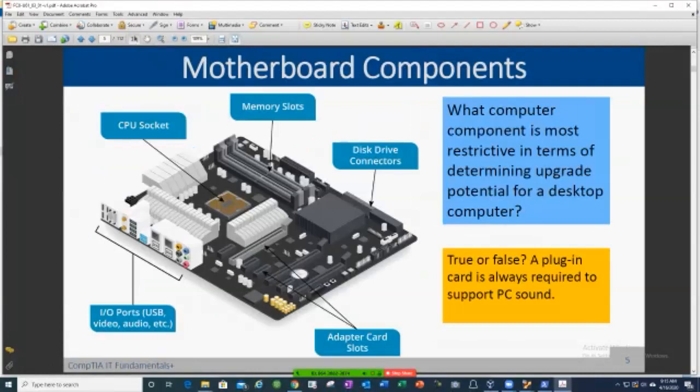Let's take a look now at motherboard components, and this is what goes inside a computer, whether it is a desktop or a laptop. So first of all, we talked about how important the CPU is. There is a socket on the motherboard where the CPU goes, and some motherboards have more than one socket, especially the more powerful ones.